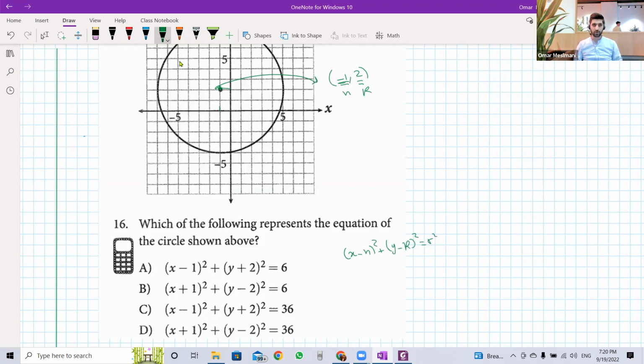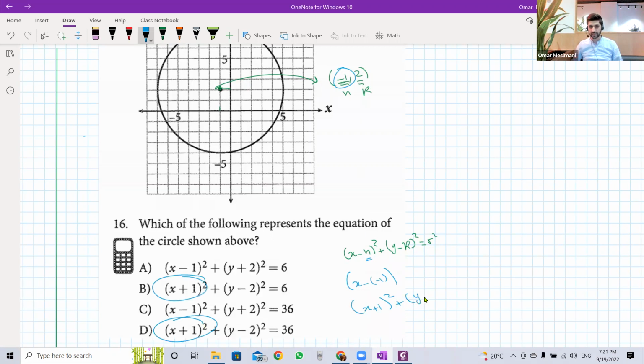One more time, H, K, and R. H, I just found to be negative 1. So it's going to be X minus negative 1, so inside it has to be plus 1 square. The one with the plus 1 square is B or D, okay?